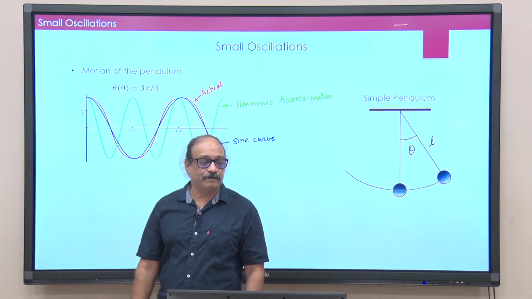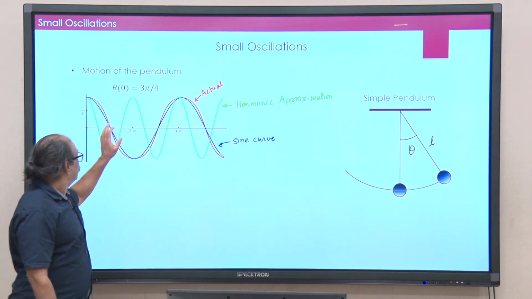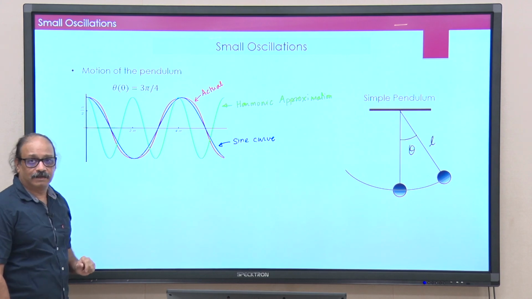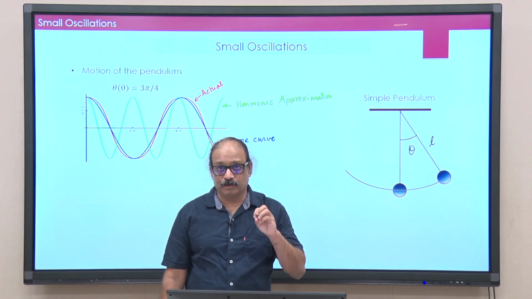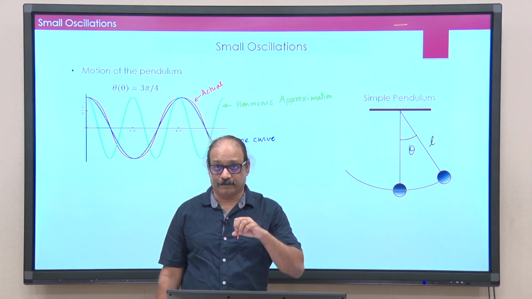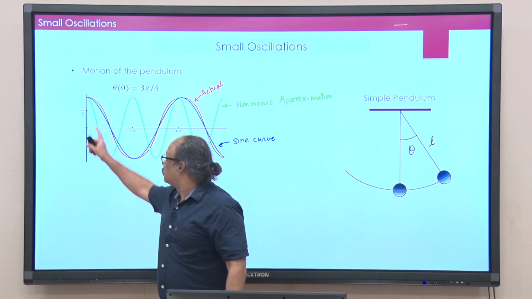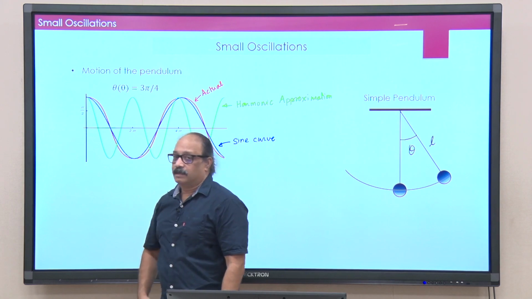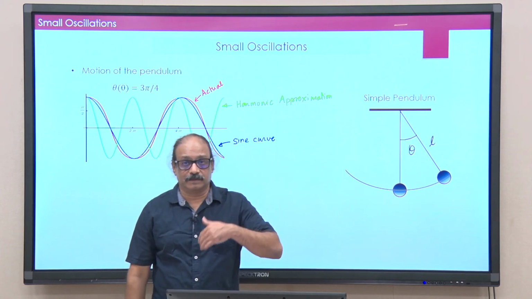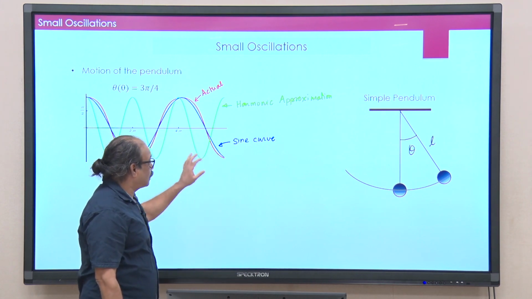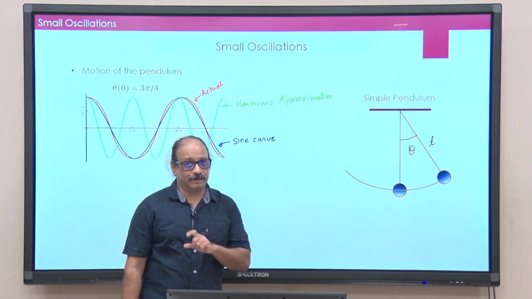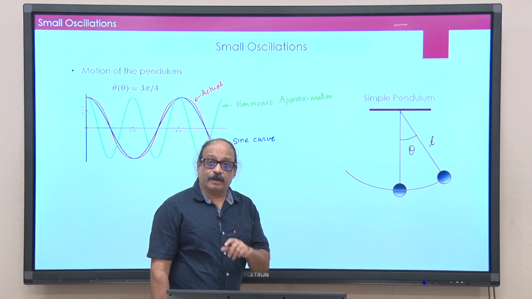Even then you can see that the motion is actually different. The pendulum bob's actual motion starts slowly; theta changes slowly here at the top before it catches up with this sine curve. So, we know that the large angle harmonic approximation will not work. So, what about the small angle?